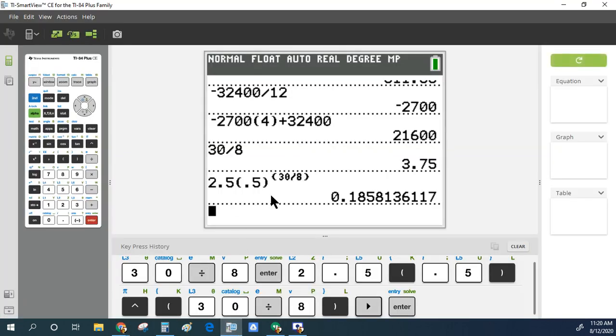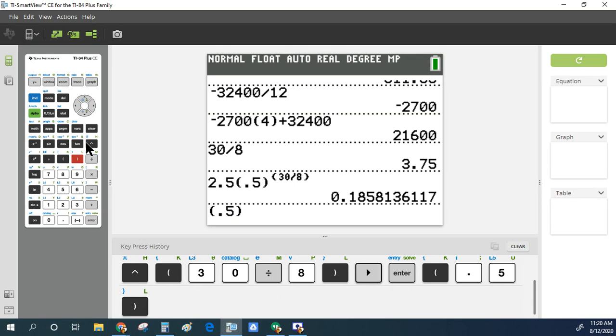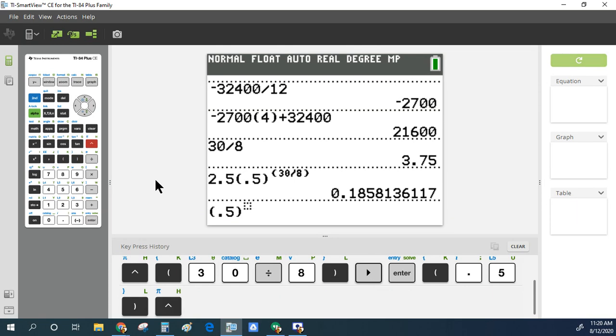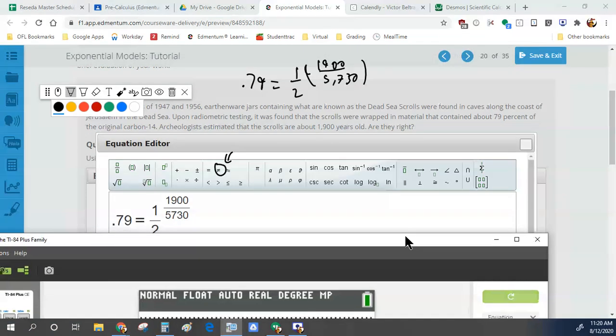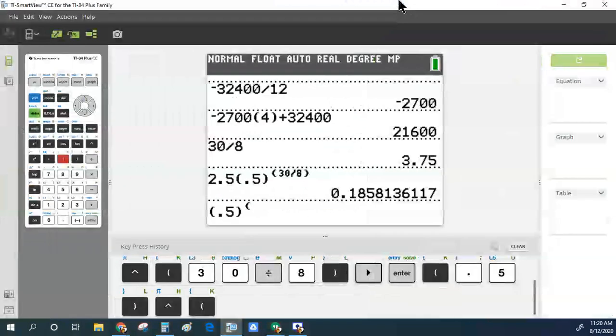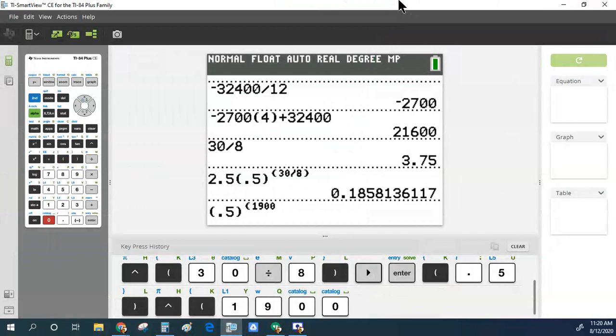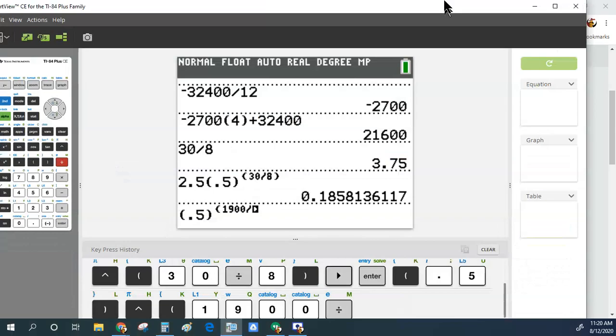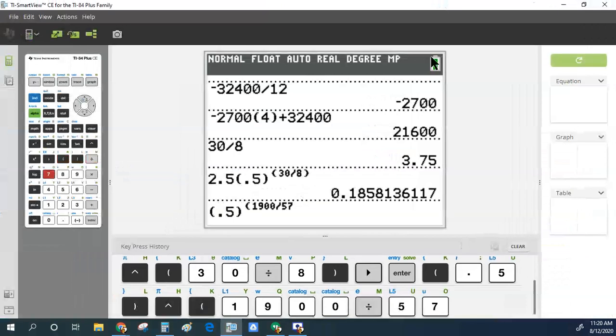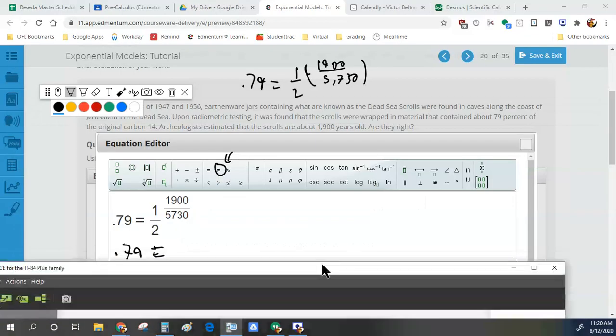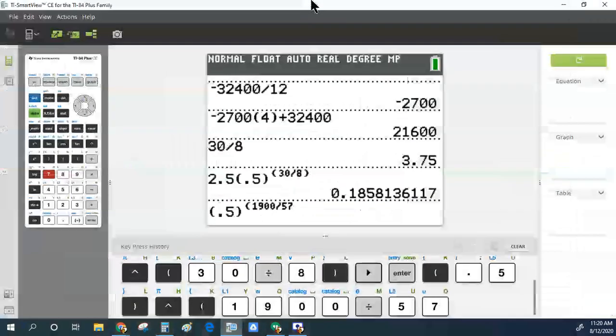So here we're going to do our 0.5, and we're going to raise this to the power of 1900 divided by the long half-life, 5730.